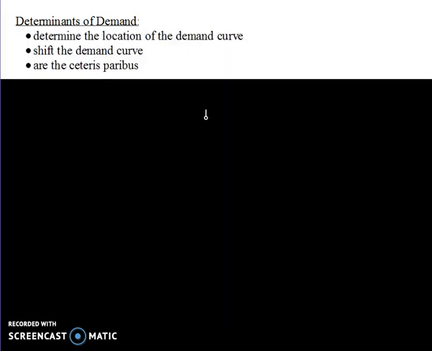And they shift because of what are called determinants of demand. And let's just kind of say what these are. Determinants of demand are the things that determine the location of the demand curve. It determines whether the demand curve is far out to the right or into the left, whatever the case might be, which another way of saying that same thing is determinants of demand are the things that cause the demand curve to shift.